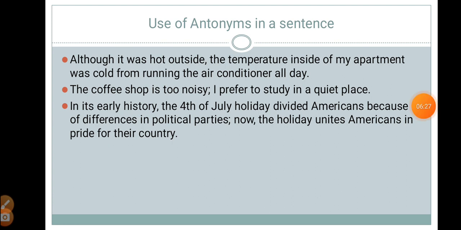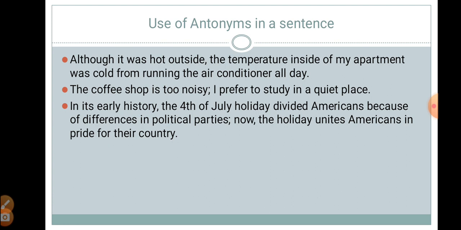Yes, my people, students. Now we are going to look at the use of antonyms in a sentence. What are the uses of antonyms in a given sentence?